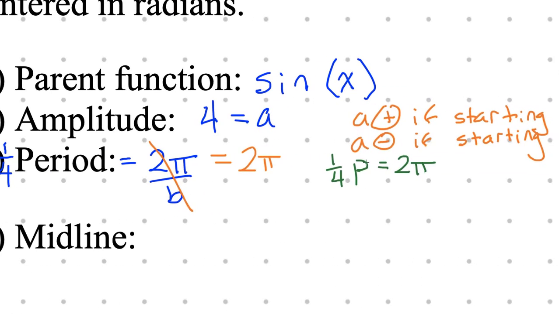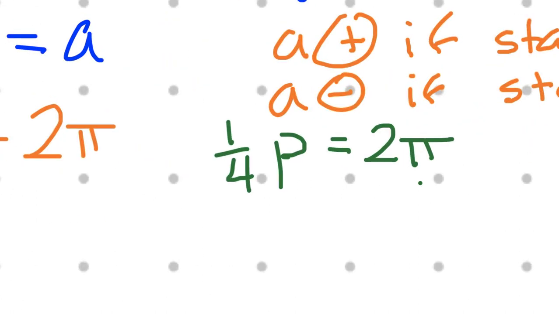So right now I have 1/4 of the period is 2 pi, therefore the entire period is what? Only one person knows how to do this. If I just gave you this equation right here in Algebra 1, what would you have done to both sides to solve for p? We're trying to solve for the period. Leo? Not quite. 1/4 right now is being multiplied by p, so inverse operation of multiply by 1/4 is... All right, he gives it to you, Sam.